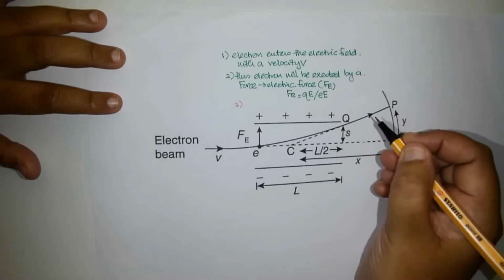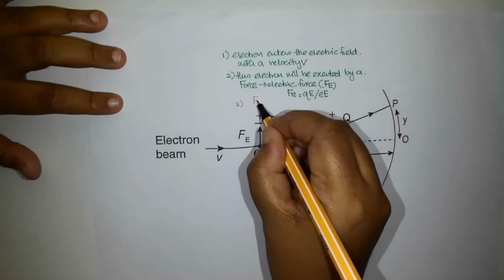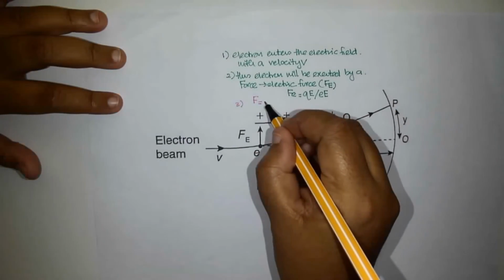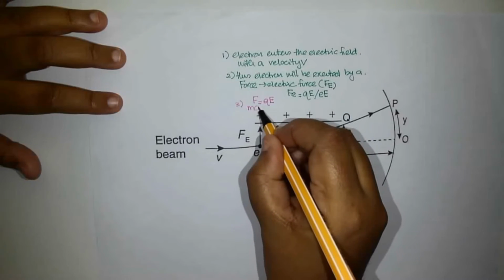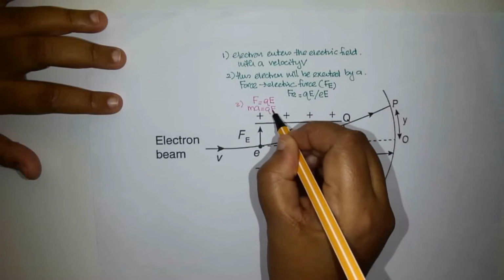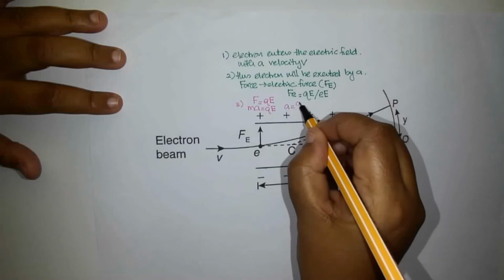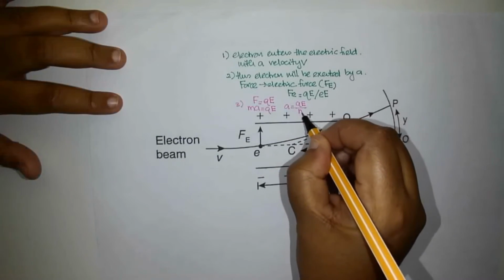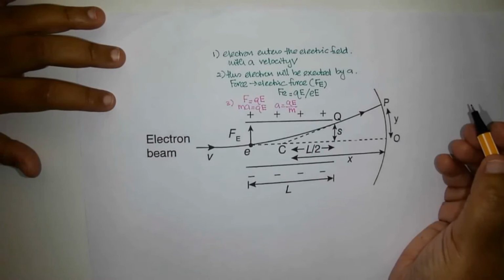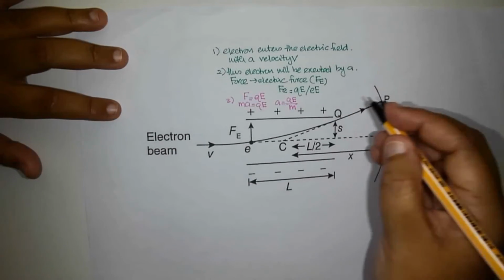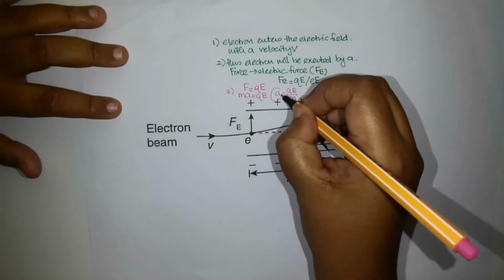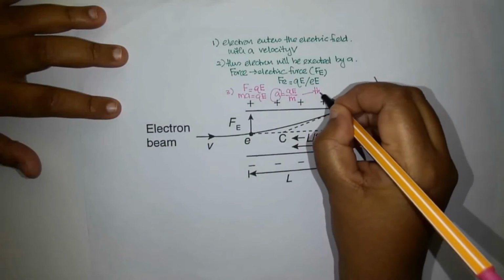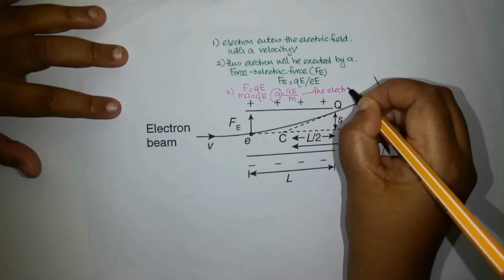So the resultant force is equal to the electric force, QE, and the resultant force is MA equals QE, so A equals QE over M. That shows that the electron will be accelerated in the electric field, because there is A. So the electron will be accelerated.